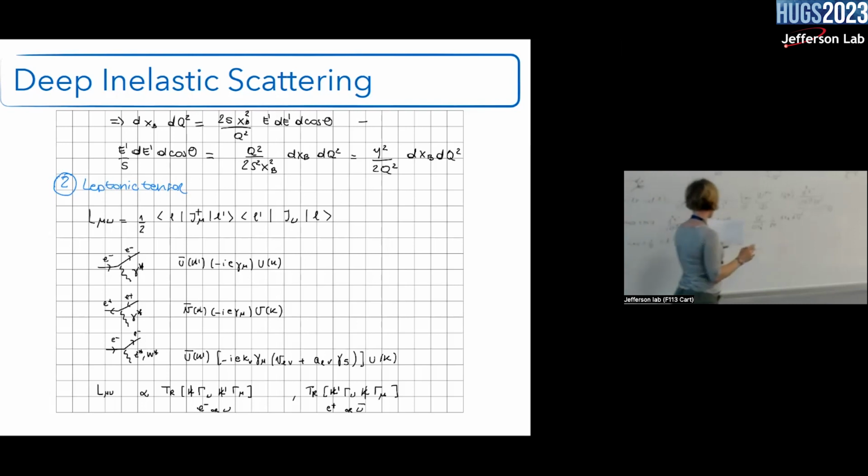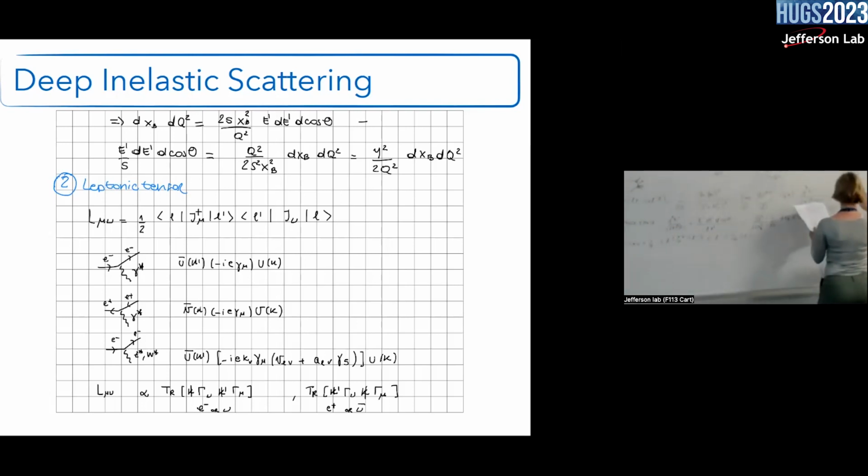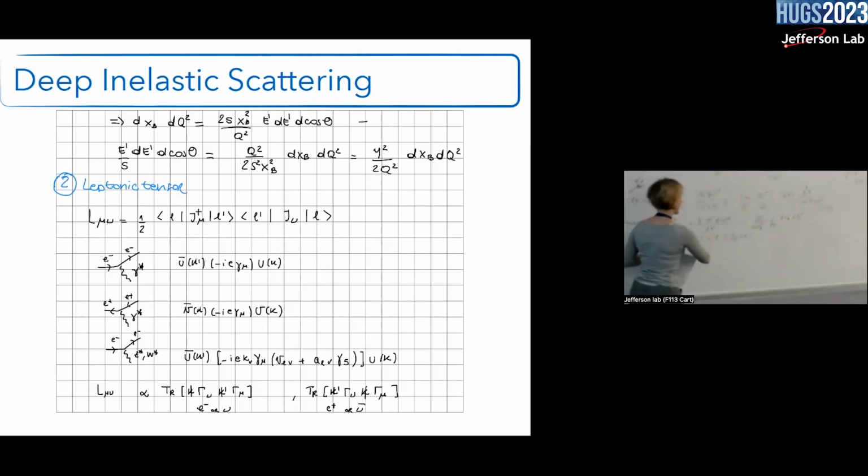From the Feynman rules that I wrote before, each of these currents is given by U bar K prime, the outgoing lepton, and then the vertex minus i e coupling strength, gamma mu (V plus gamma 5 A), and then U of K. The spinors U bar, you know them. When you put them together you take the trace over U bar and the vertex, and that's something we can do.